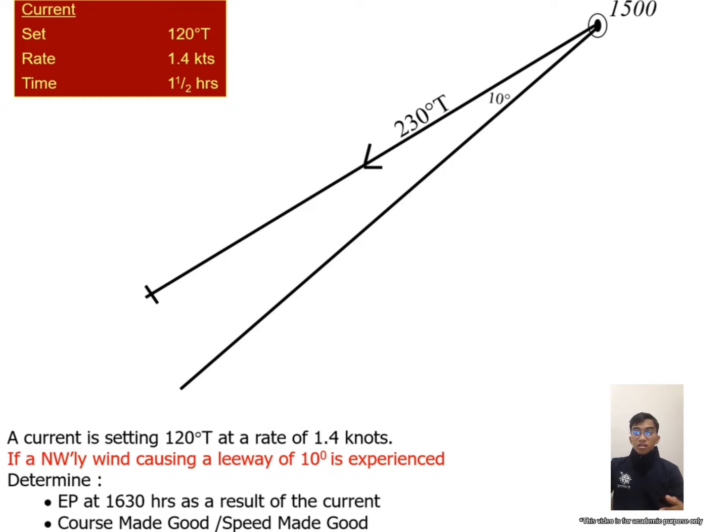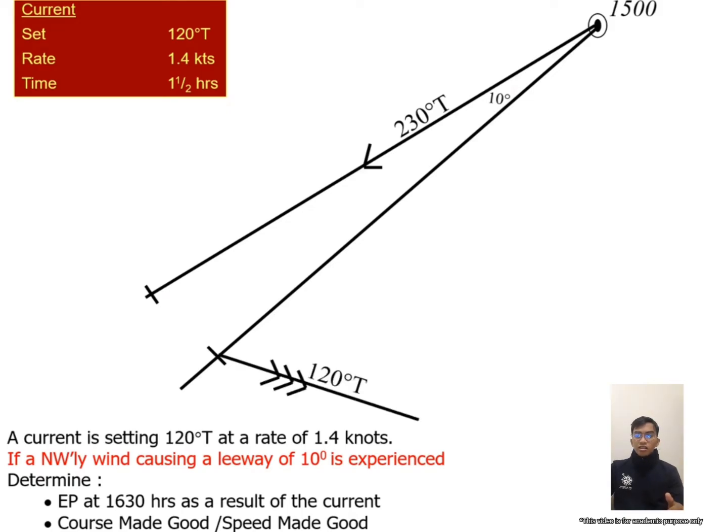So always allow for the leeway first, of 10 degrees, pushing your vessel to the left of 230 degrees, which would be 220 degrees. So the resultant course then becomes 220.